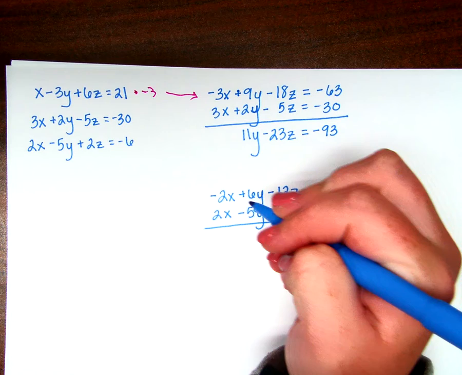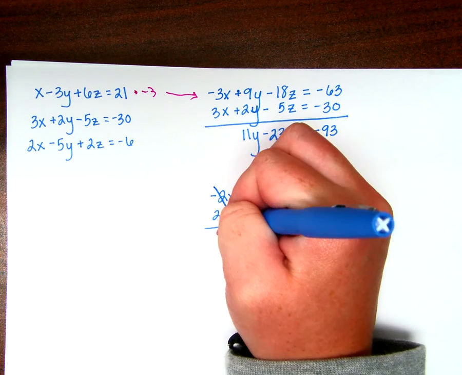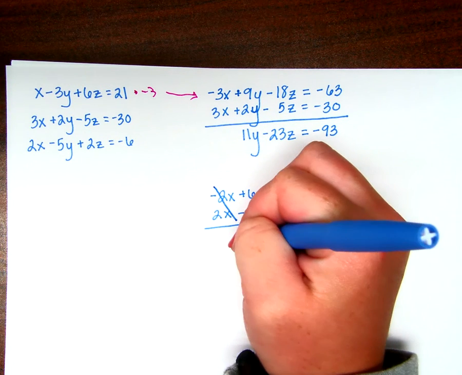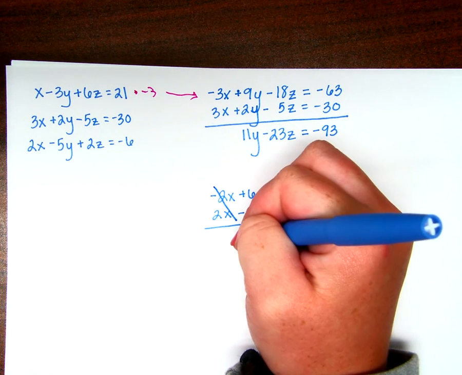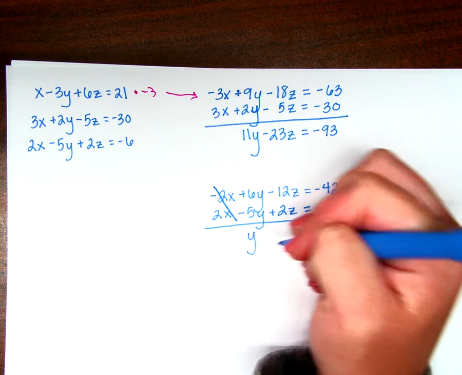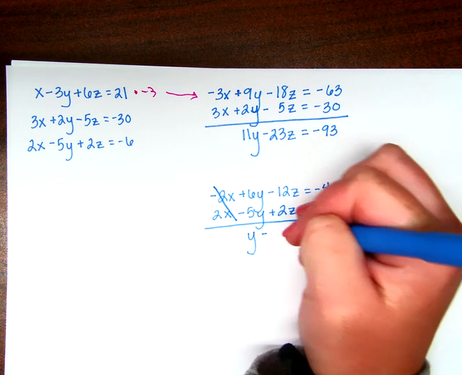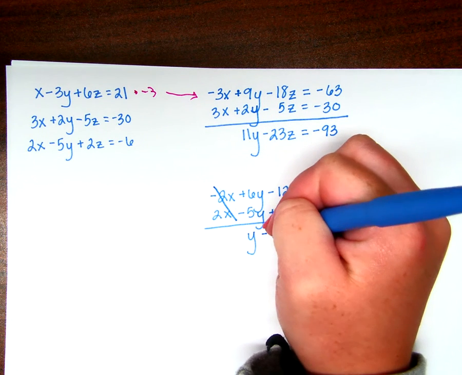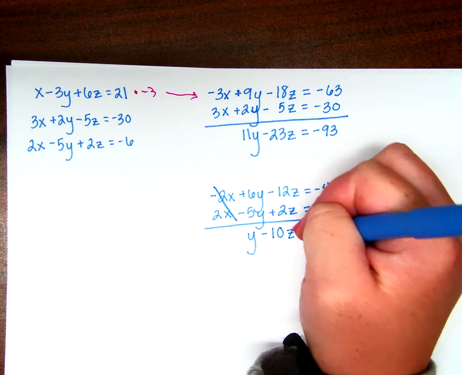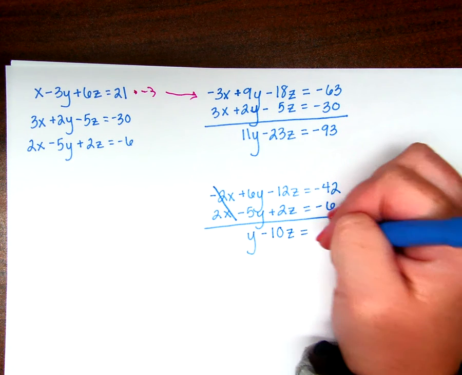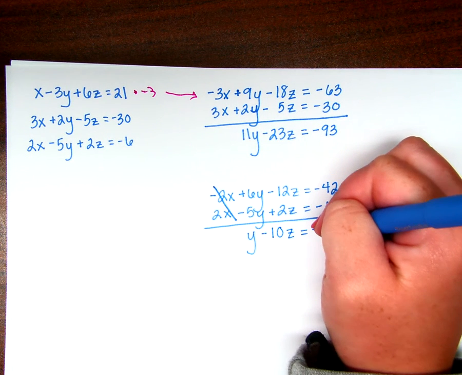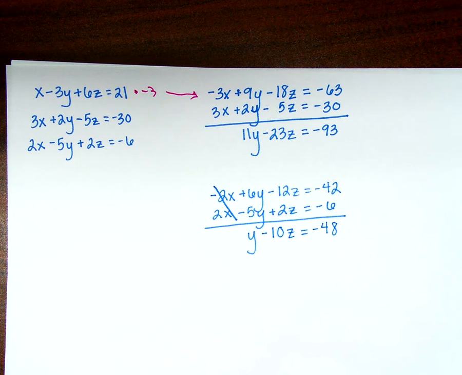Yes? Okay. So that's a 0. 6y and -5y. 1y or just y. Negative 12z and 2z, negative 10z, and then negative 42 and negative 6, negative 48. Excellent. Now what?